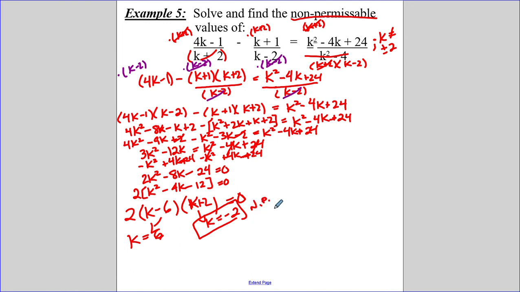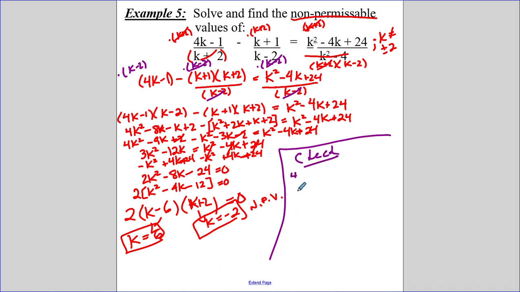So this can't be a solution, which means that k is equal to 6 is my only potential solution. So let's check and see if k is equal to 6 is in fact a solution to this question.